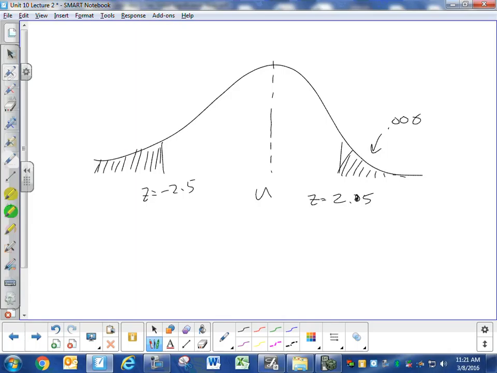Because we could have values that are less than or values that are greater than that will prove that our claim is incorrect. Okay? How do I take this p-value here, which is 0.006, which we found, and quickly and easily add in this percentage that I need?